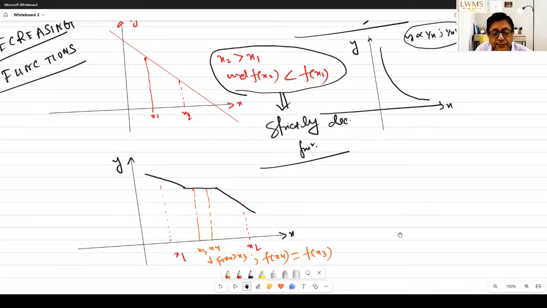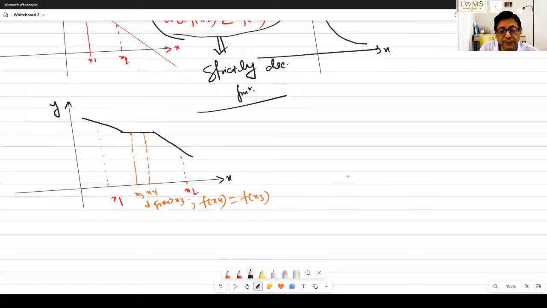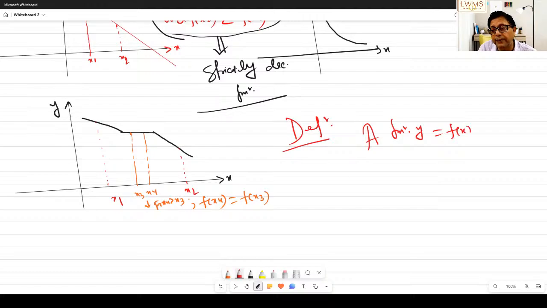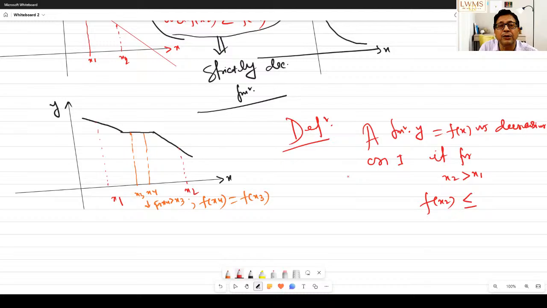So in the definition of a decreasing function, we have to define that a function y equal to f(x) is decreasing on I if for x2 greater than x1, f(x2) less than or equal to f(x1) occurs. f(x2) may be equal also; there also we have to say decreasing, but we will prefer strictly decreasing functions.